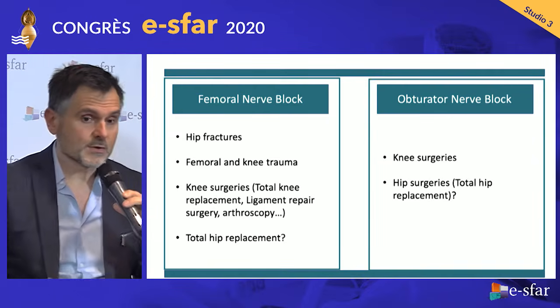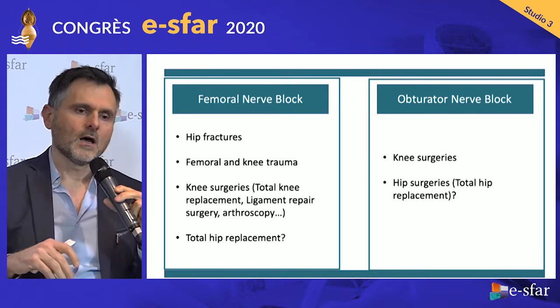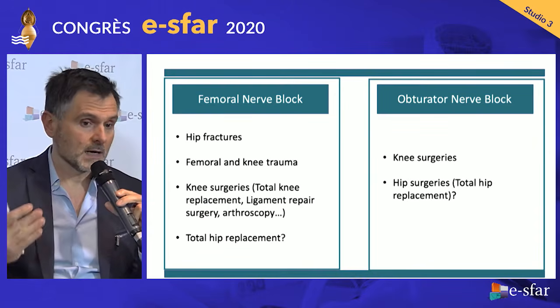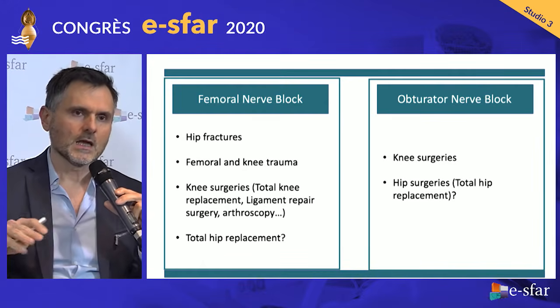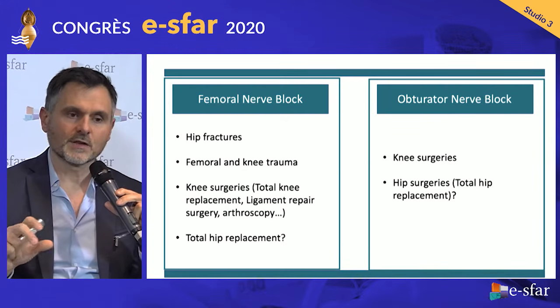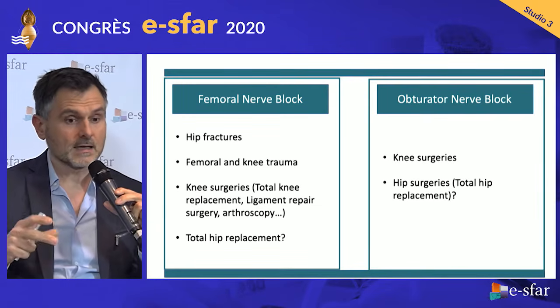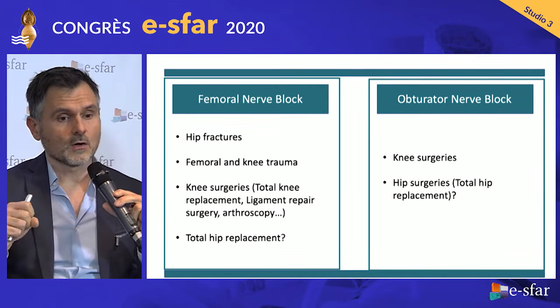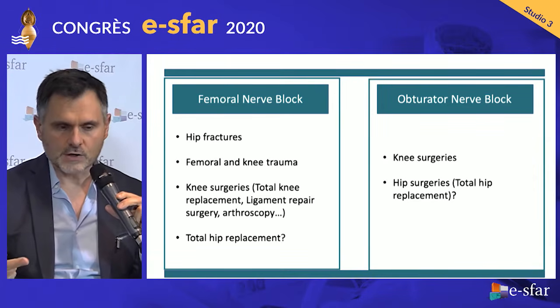What about hip surgery? In some cadaveric studies, injecting 15 milliliters below the pectineus induces 100% diffusion to the obturator foramen. That leads to anesthesia of all the branches of the obturator nerve, including the hip branches.